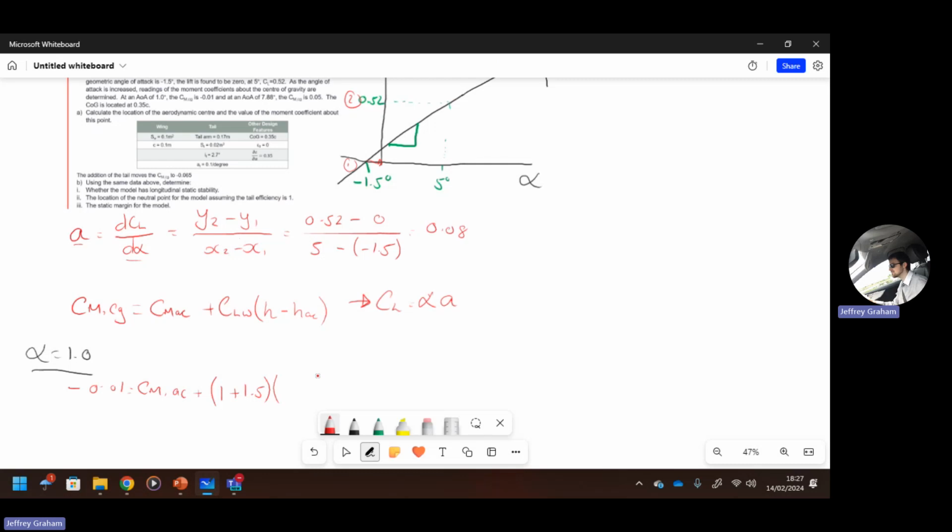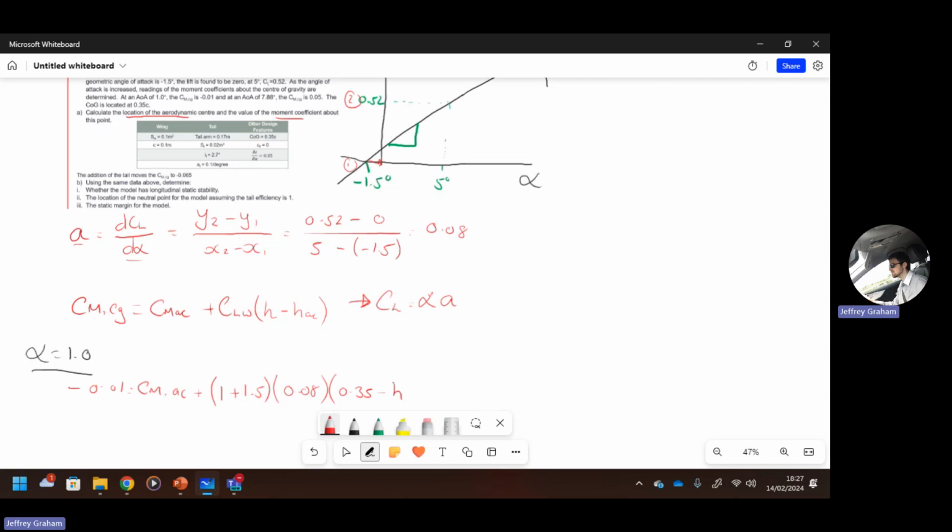A, you can see we worked out, is 0.08. Right. h, remember, is the center of gravity, which is 0.35. We need the location of the aerodynamic center and its moment.